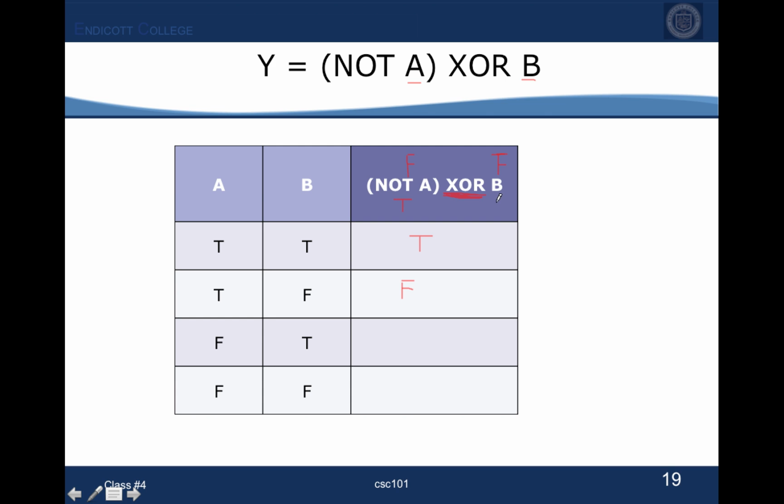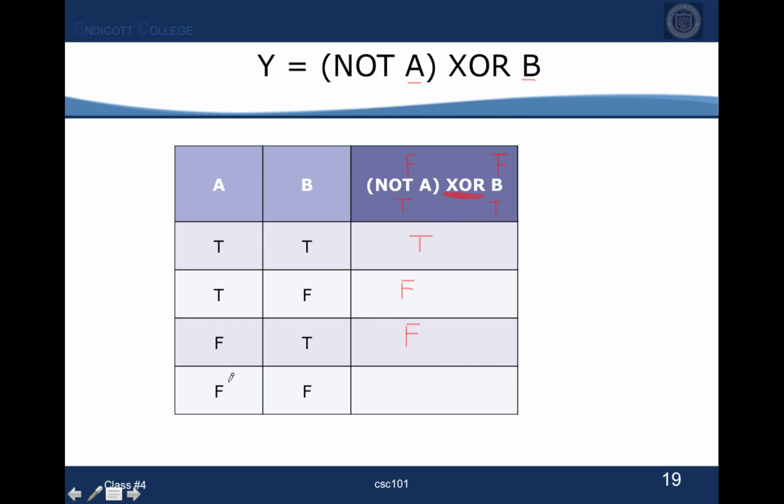So I'd get a true here. Okay. But remember, exclusive OR wants one of each. So true, true, which is what I'd be looking at, that's false for exclusive OR. Exclusive OR says just one or the other. So this would also produce a false or an off, so to speak, for this one, in this case.